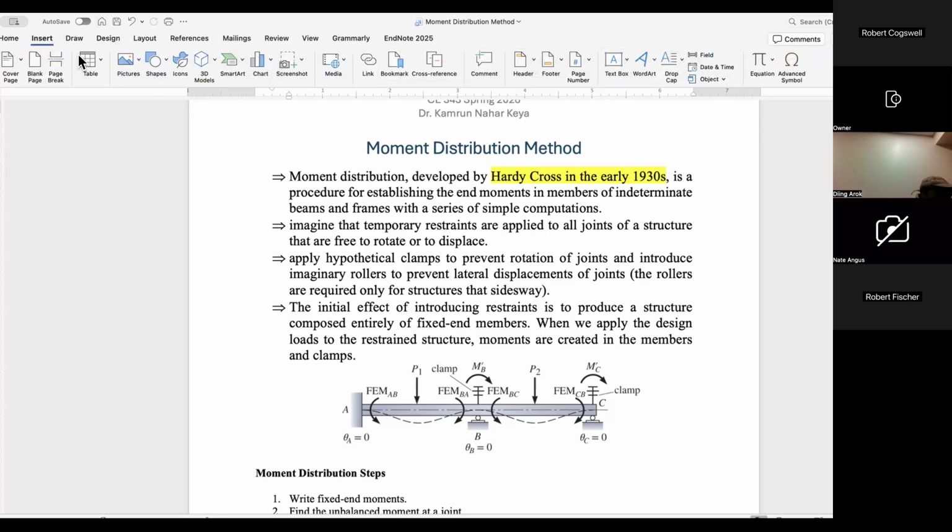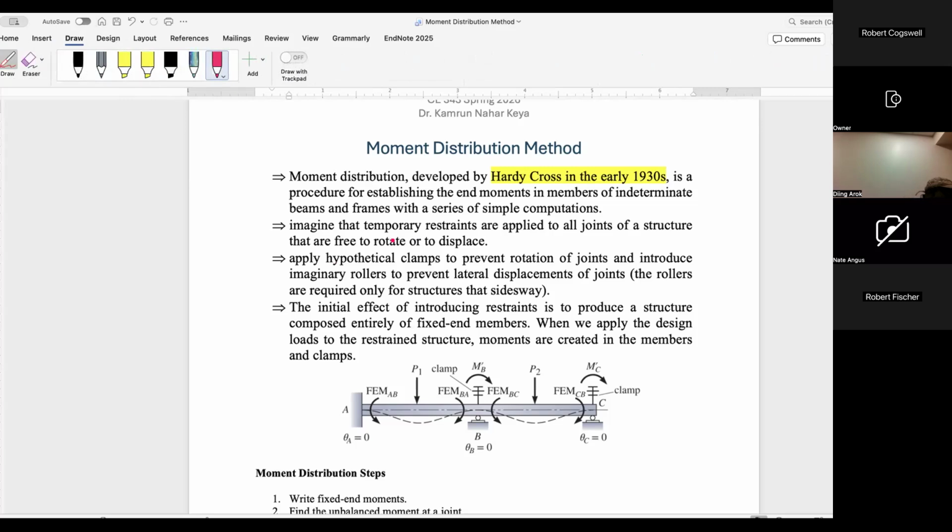So first thing, let's use this color. Suppose we have a beam like this. It is already an indeterminate structure because it has a fixed end, and then we have two extra roller supports that we don't need. So what we will do is imagine a temporary restraint that we apply, because the joint has a chance to rotate freely.